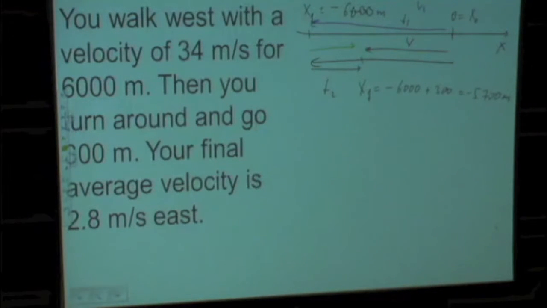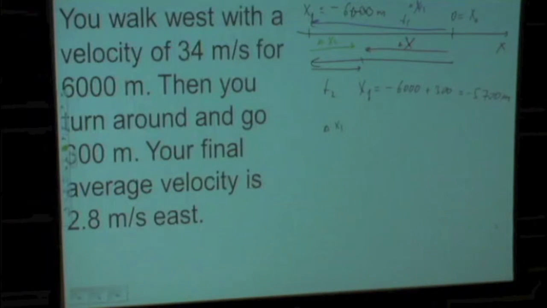This arrow represents your total displacement. This arrow represents your displacement delta x on your way to the left, and this arrow represents your displacement. But displacement over time is velocity.